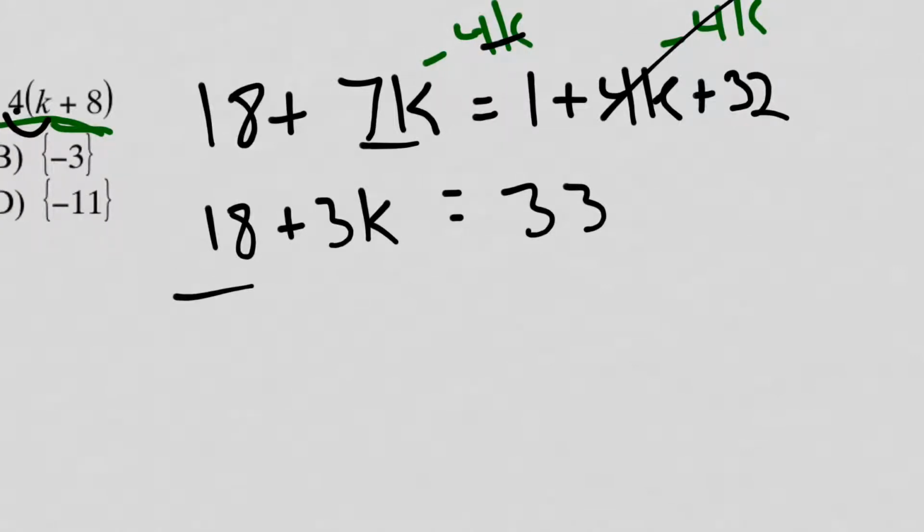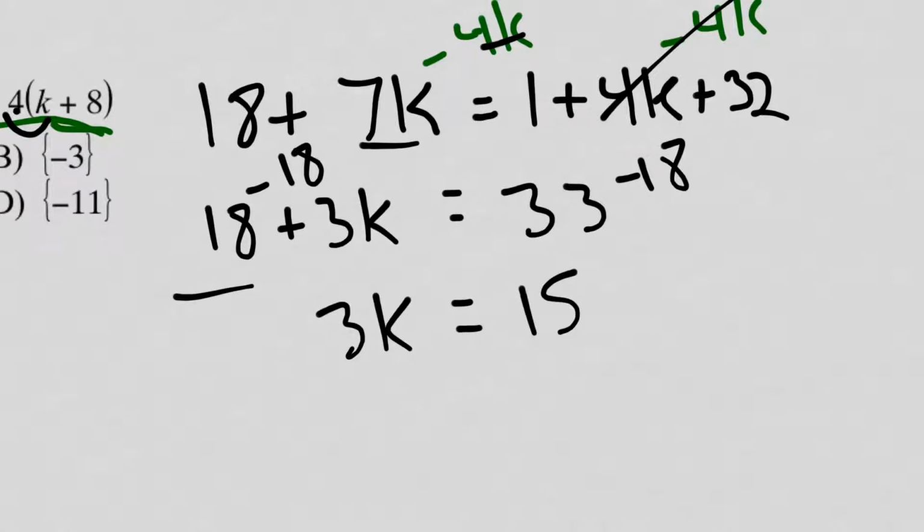We want to get k isolated, so let's move this 18 by subtracting 18 from both sides, and we're left with 3k is equal to 33 minus 18. So we're left with 15, and now just to figure out exactly what k is, we're going to divide both sides by 3. We get that k is equal to 5.